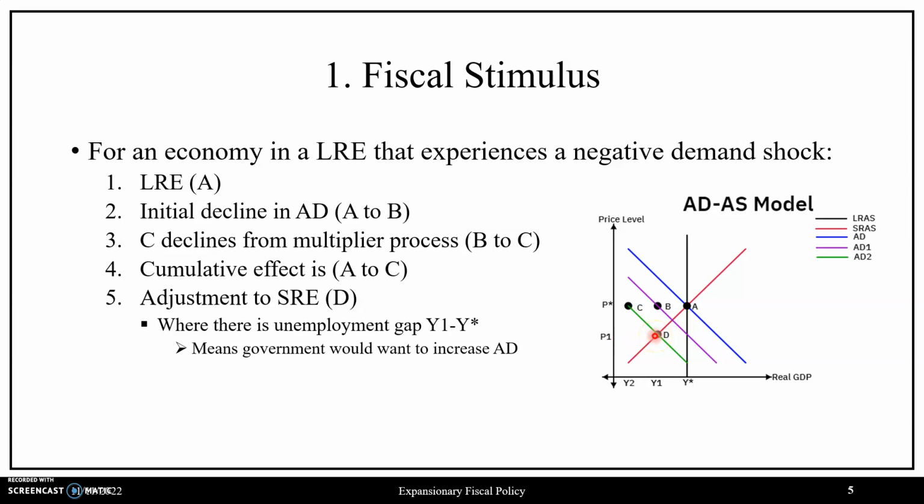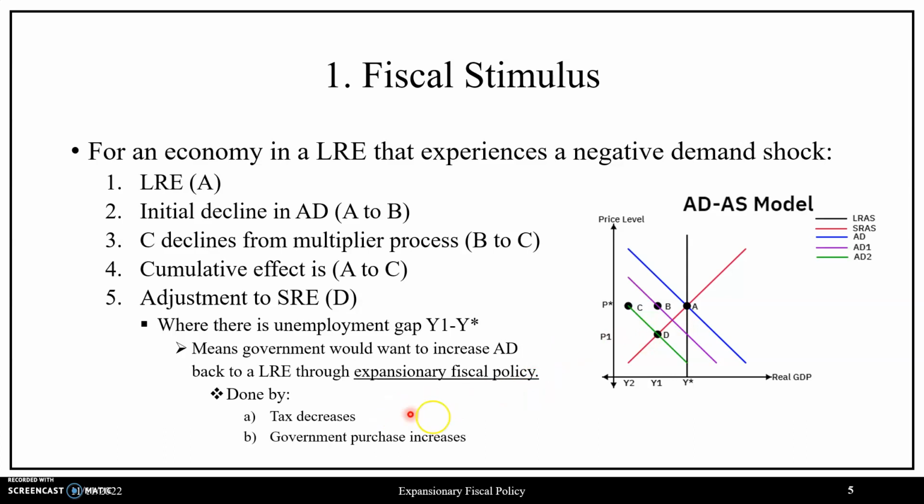Now, so long as this economy is in the short run and prices are sticky, there will not be long-run self-adjustment, such that if the government would like to intervene and restore long-run equilibrium in this economy, it would like to increase aggregate demand, where it can do so by pursuing expansionary fiscal policy. This can be achieved by decreasing taxes, increasing government purchases, or increasing income transfers.